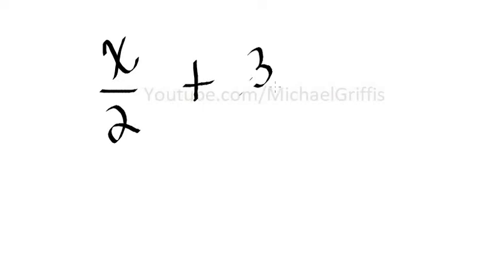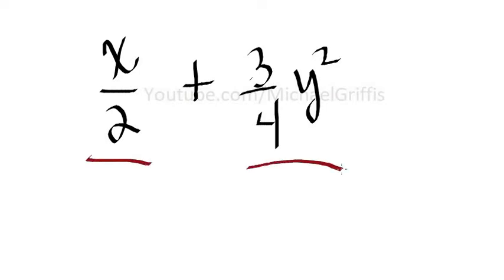Alright, let's take a look at another one. x over 2 plus 3/4 y squared. What are the terms? Let me use a different color here. That's a term, and that's considered to be a term. The coefficients, alright, this can actually be rewritten as 1/2 x.